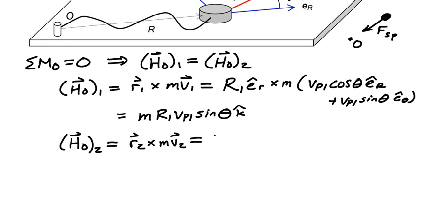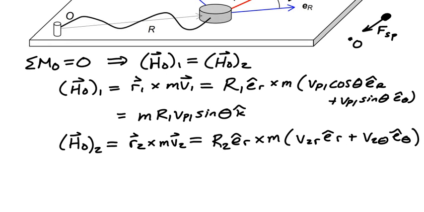Doing the substitution, I'll now have a distance r2 in the e_r, crossed again with the mass of the particle times the velocity of the particle in the r direction in the e_r, plus the velocity of the particle at state 2 in the theta direction in the e_theta. Working this out, e_r cross e_r goes to 0, e_r cross e_theta goes to k. So I'm only going to be able to extract the theta component of the velocity. And this is very important. What this means is that our solution's not complete yet.